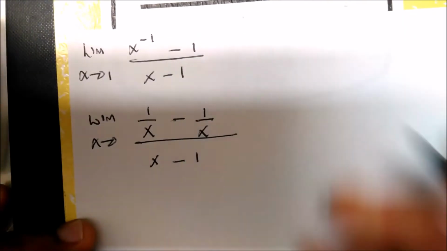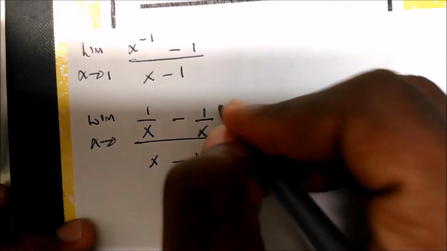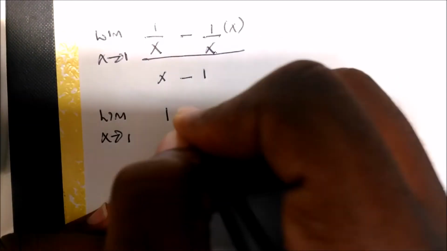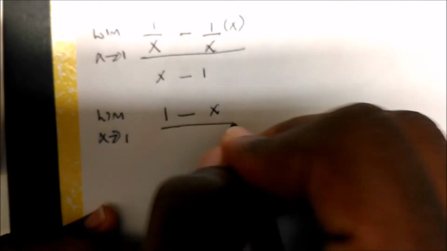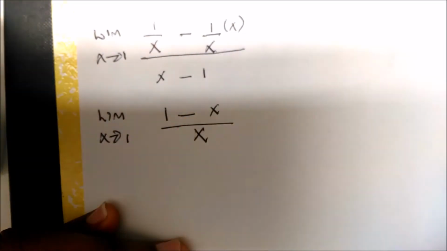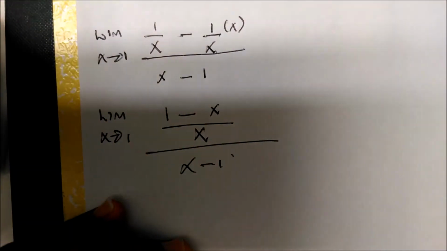So I can multiply this by x. I've got to get a common denominator. Whatever I do to the bottom, I do to the top. And this will be x. So the limit as x approaches 1 of 1 minus x, because 1 times x is just x, over x, because we can combine these now, right? Divided by x minus 1.